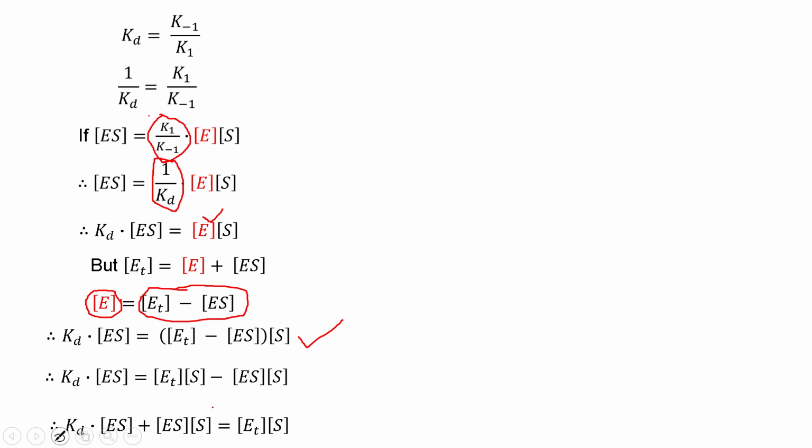You take the whole of this and transfer it to this side of the equation. When you do that, the negative sign crossing the equality sign becomes plus, so that you now have Kd multiplying ES plus ES multiplying S equal to ET multiplying S.